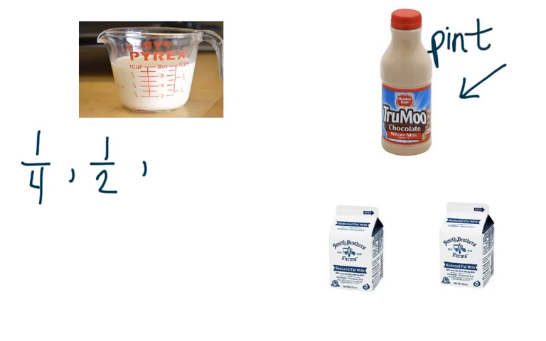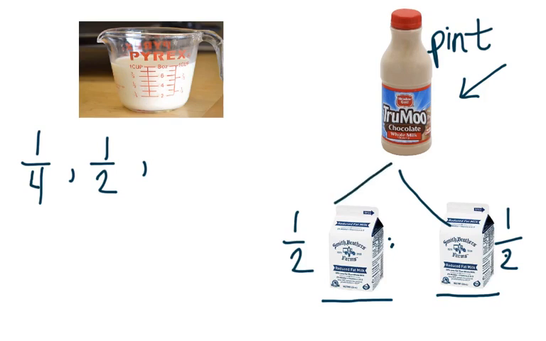And just for making a connection to something you already know, if you've ever remember getting these containers of milk at school, maybe even restaurants, this is not a pint. Sometimes people think that's a pint, but this is actually half of a pint. And this is half of a pint. So that's why I put 2 of them here, because you would need 2 halves to make this 1 whole pint.